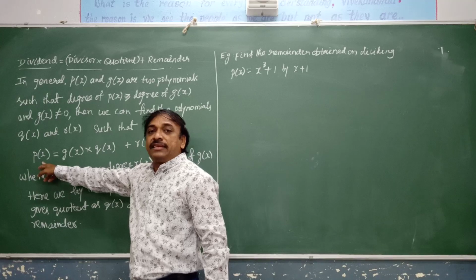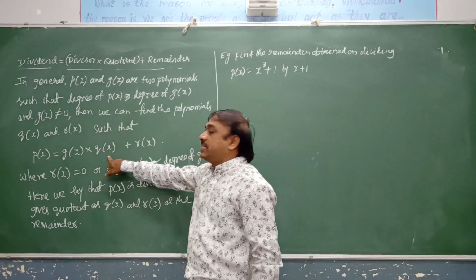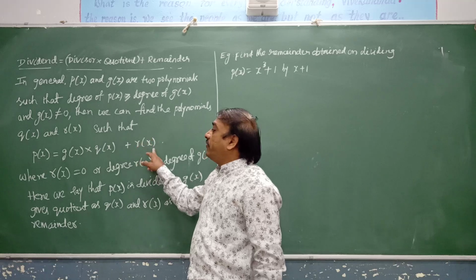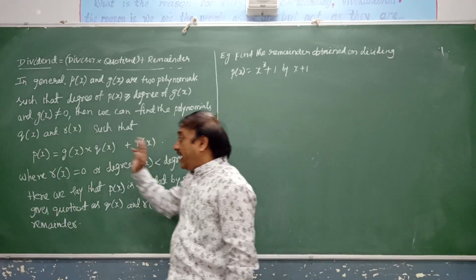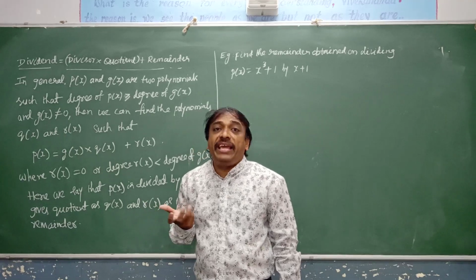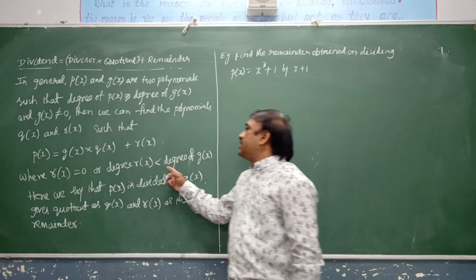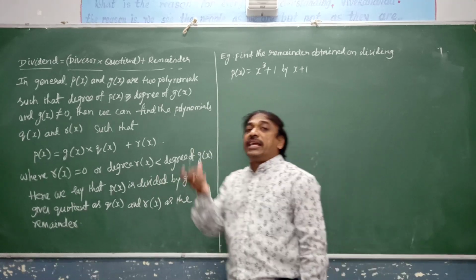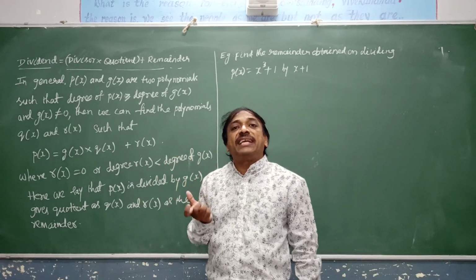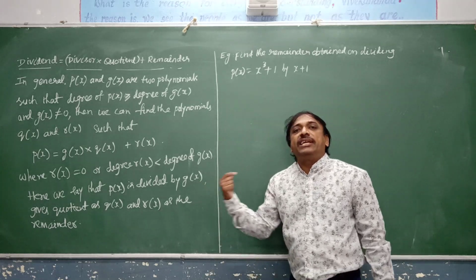P of x is the dividend, g of x the divisor, q of x the quotient and r of x the remainder, where r of x is equal to 0 or the degree of r of x is less than the degree of g of x. The degree of the remainder is always less than the degree of the divisor.